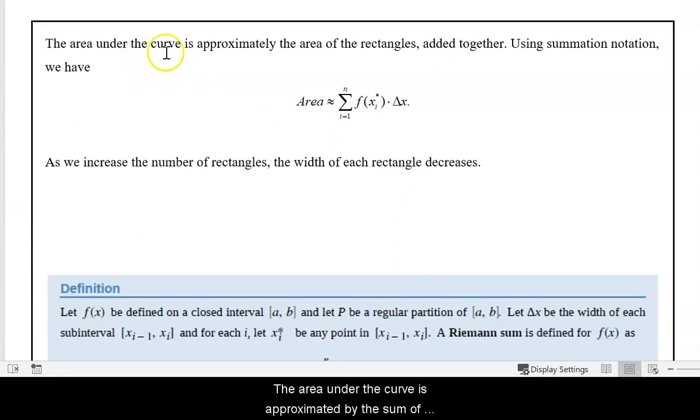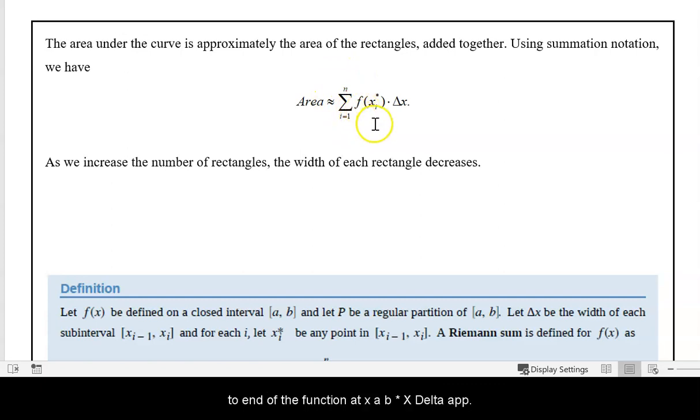The area under the curve is approximated by the sum of these rectangles. In other words, we can say that the area is approximately equal to the sum from i equals 1 to n of the function at x sub i star times delta x.